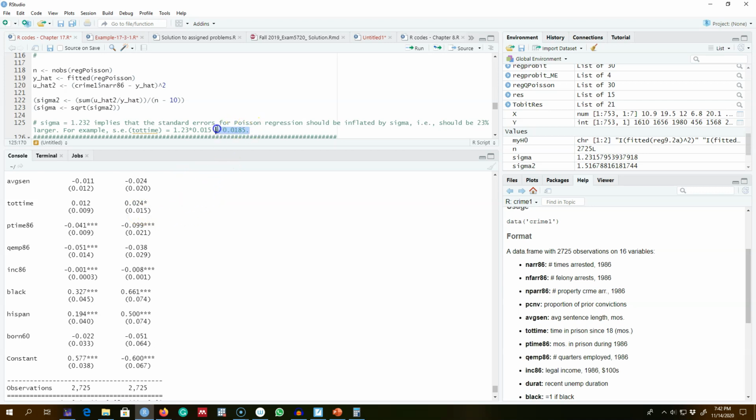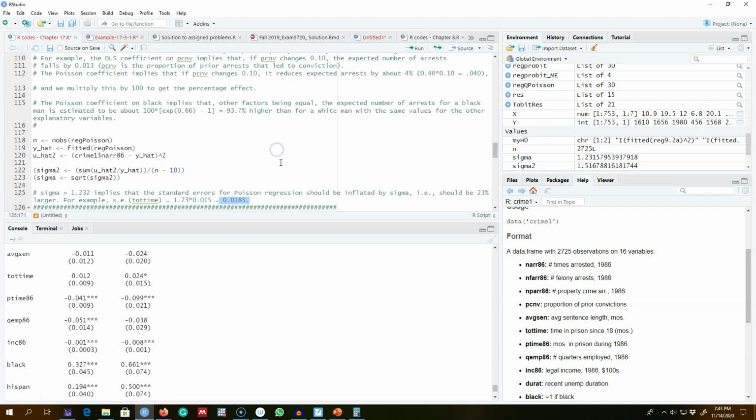So the corrected standard error is this, and we should use this standard error to calculate the t-statistics and the level of significance of all these Poisson coefficient values. So this is how you apply a Poisson regression model in R when your dependent variable is a count variable which takes only non-negative count values.